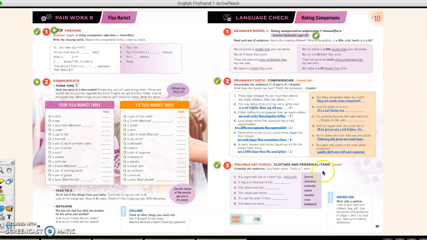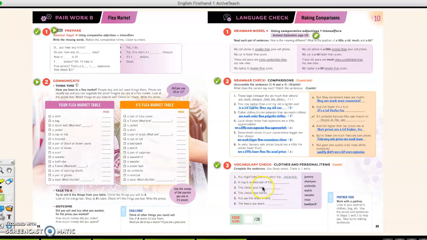Okay, number 3. Clothes and personal items. So use these words. There is one extra. So we have jewelry, shampoo, umbrella, watch, sweater, soap, and backpack. So you might take this on a short trip. Backpack.